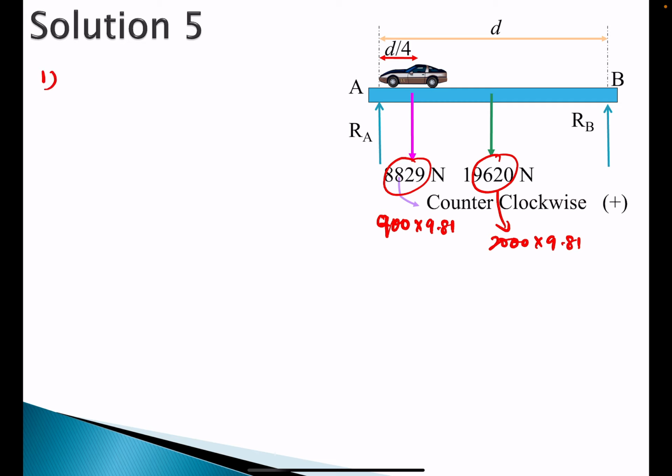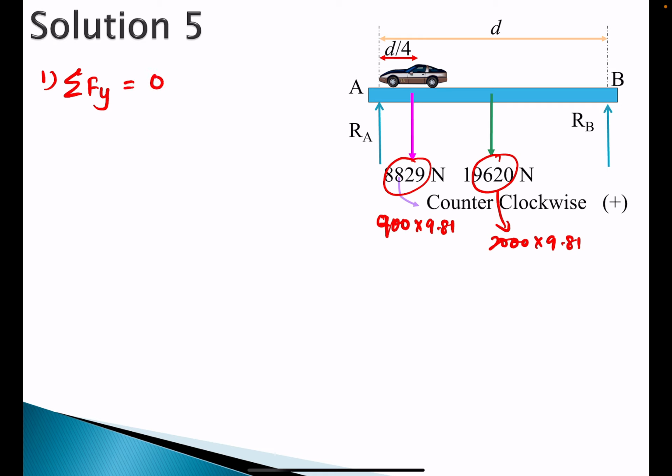For the first condition, you apply that all the forces in the vertical component are 0, so sigma Fy, the y component, equals 0.